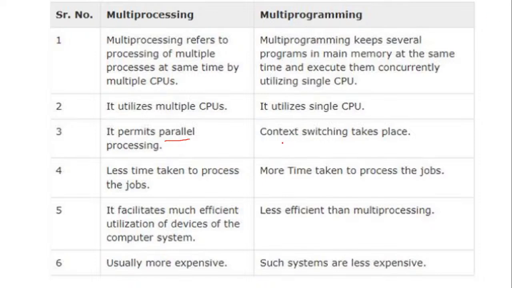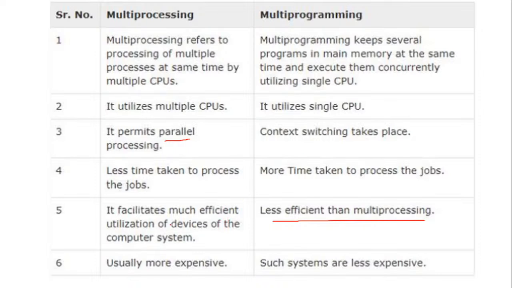Whereas in multiprogramming, context switching takes place from one sheet to another sheet, or from one program to another program. Multiprocessing takes less time to process the job. In multiprogramming, more time is taken to process the job because you are doing a lot of programs at a time. Multiprocessing facilitates efficient utilization of the devices of the computer system, whereas multiprogramming is less efficient than multiprocessing.